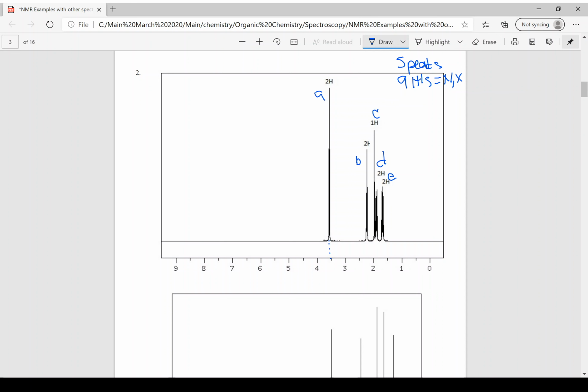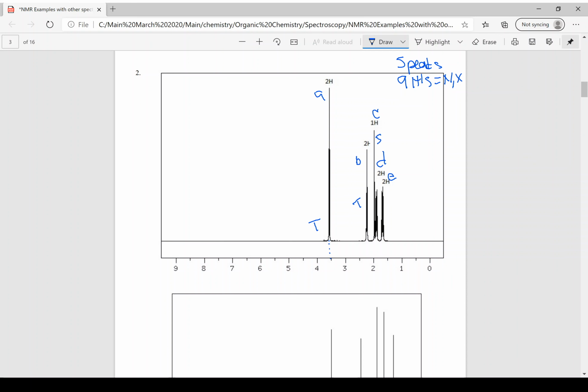So let's try and get our splitting and our location. This has the peaks on both sides that are pretty much symmetrical, so this looks like a triplet to me. This looks like a triplet. This one looks like a triplet. I'm not sure what's going on with those two, but there's only one peak on the side, so I'm going to hazard a guess and say it's a singlet.